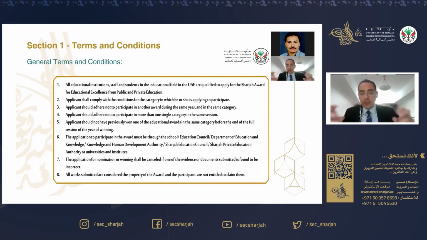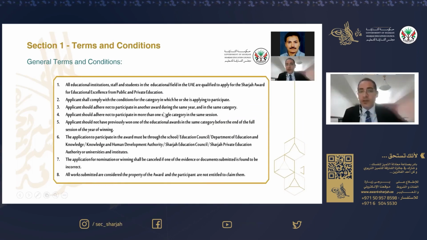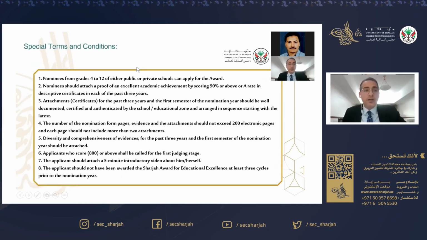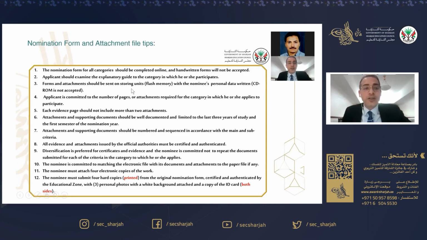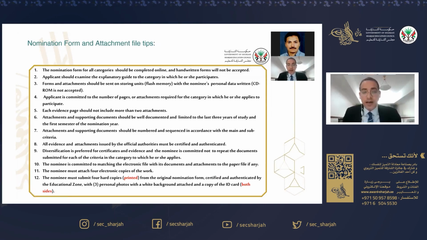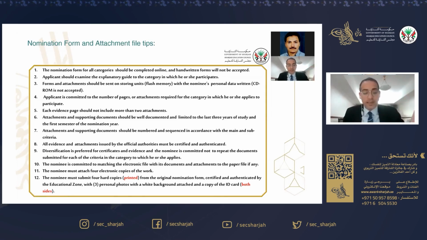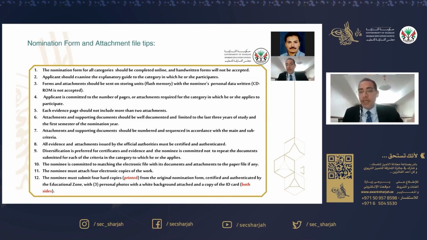In the first section, the first two pages contain terms and conditions and tips for nominees: terms and conditions, special terms and conditions, nomination, and tips for nominees. Now, to save your time, I will focus on the most important requirements the nominees should meet.